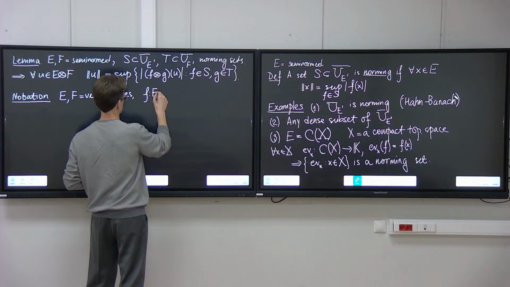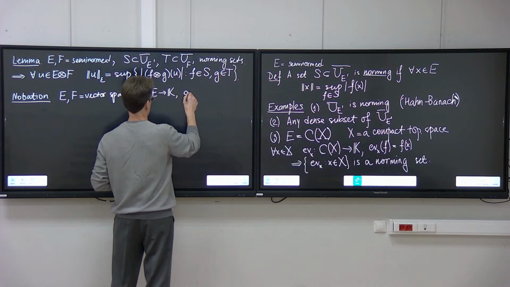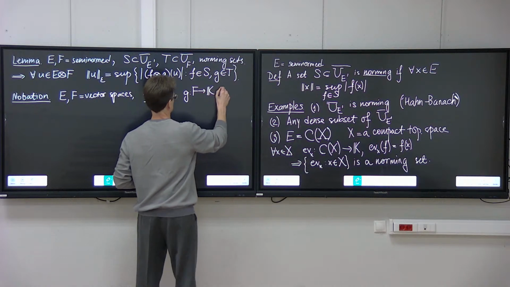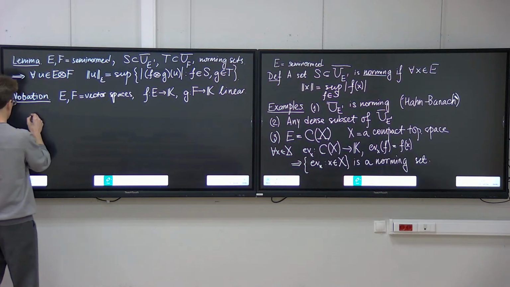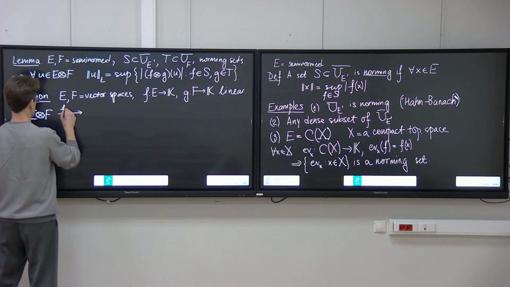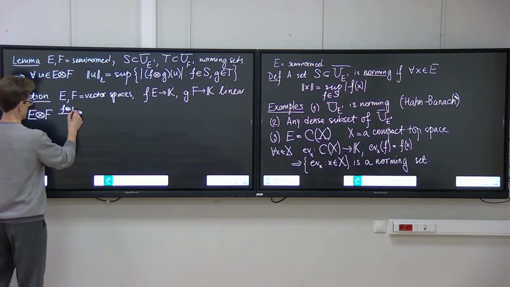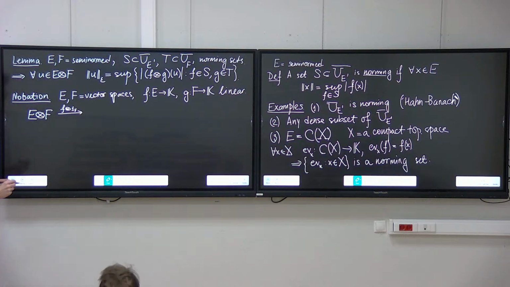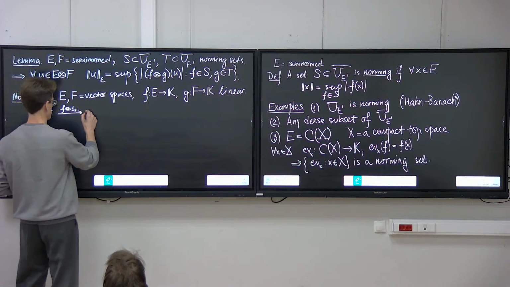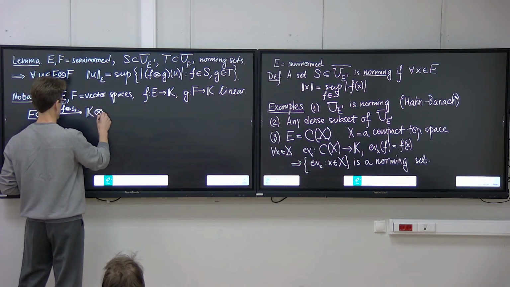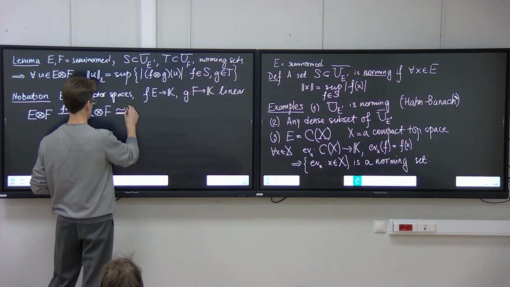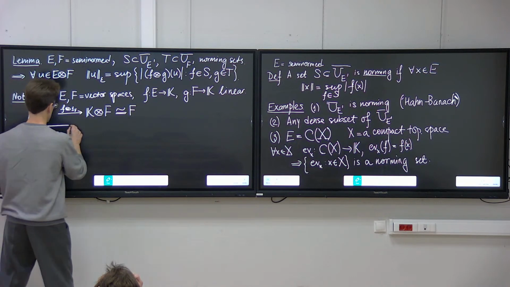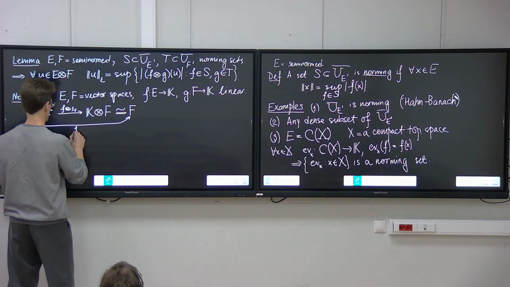F is a linear functional on E, and G is a linear functional on F. So we can now consider the following map, F tensor 1, where 1 denotes just the identity map of F. So it acts from E tensor F to the tensor product of K and F, where K is our base field. But of course, this tensor product is canonically isomorphic to F. So the composite mapping will also be denoted by F tensor 1.